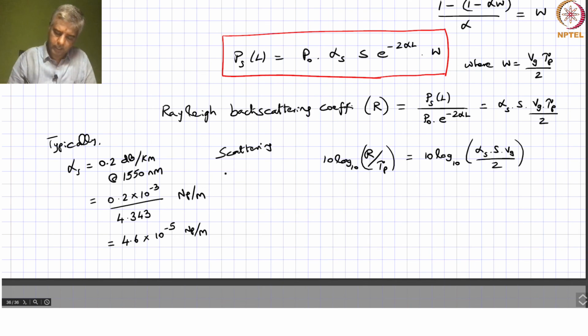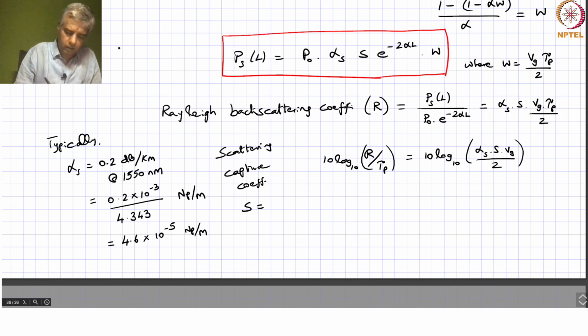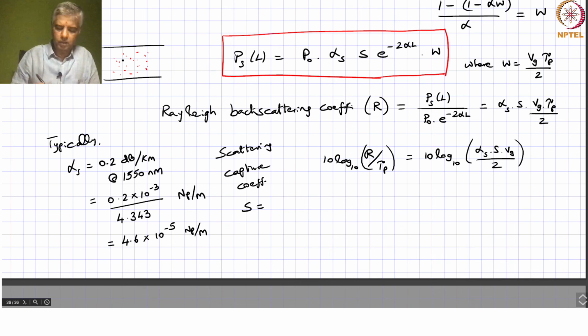The scattering capture coefficient is given by S. As we denoted previously, there is all this scattering that happens because of inhomogeneities, and we said we only pick up a certain cone of angles, and that cone is defined by the numerical aperture.